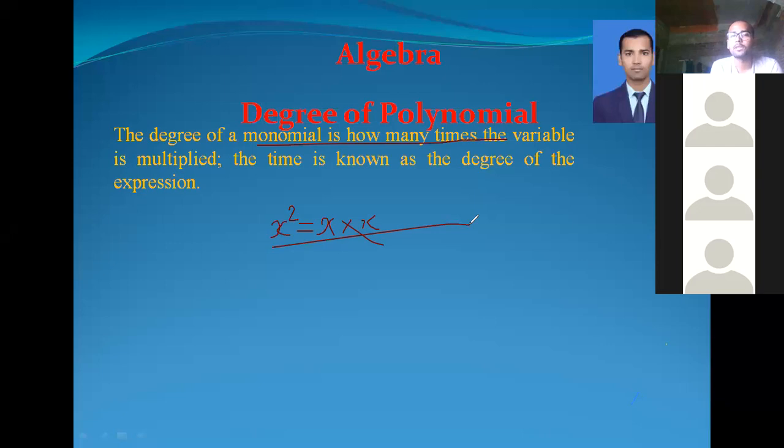So in this way, we can say that the degree means, in the form of a monomial, how many times the variables of that monomial term are multiplied by itself.